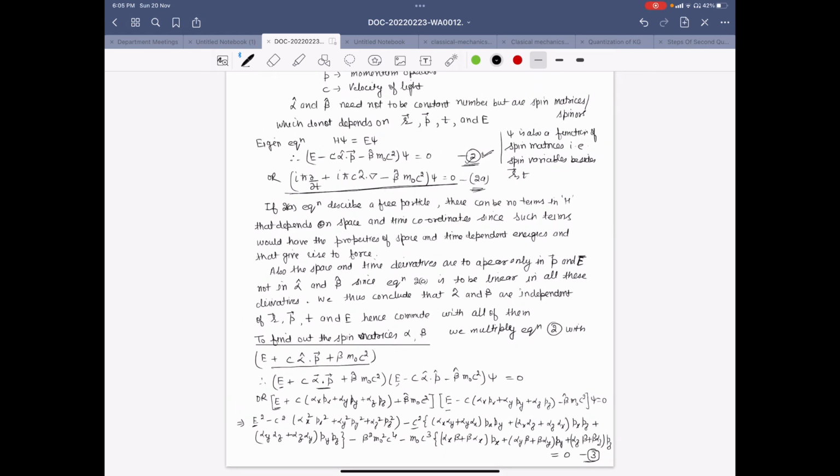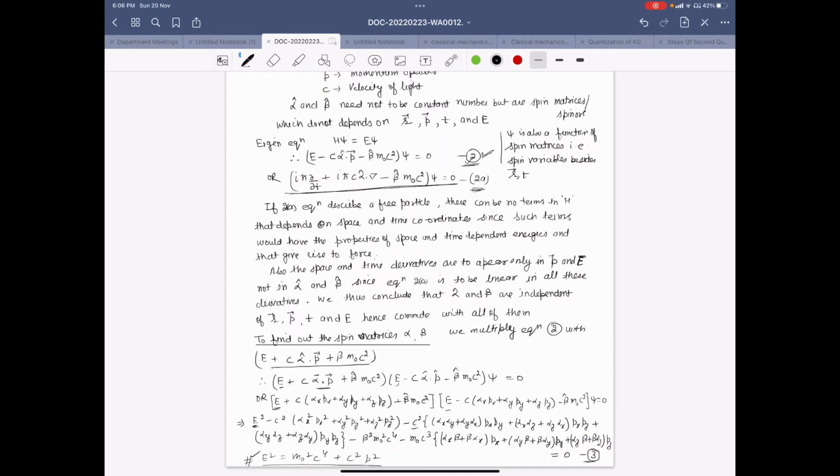From this equation, how will you get that particular equation? You just try to match that E square equals m naught square c to the power 4 plus c square p square.